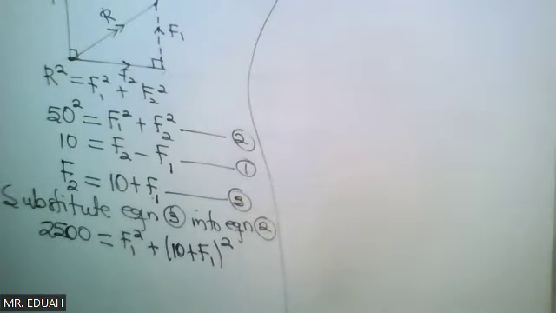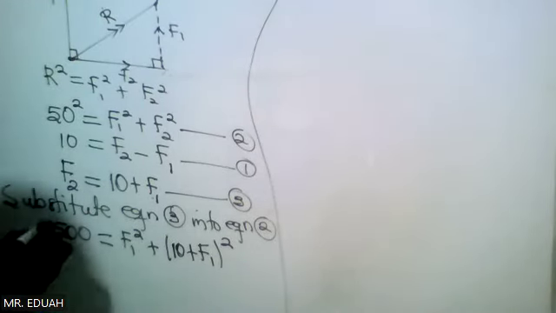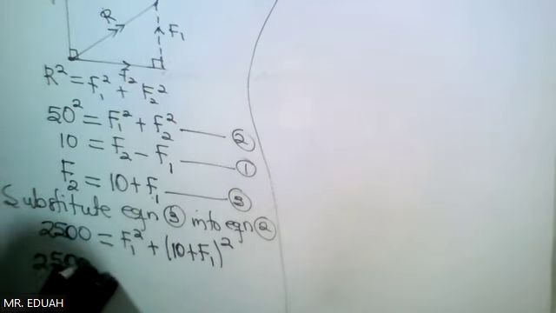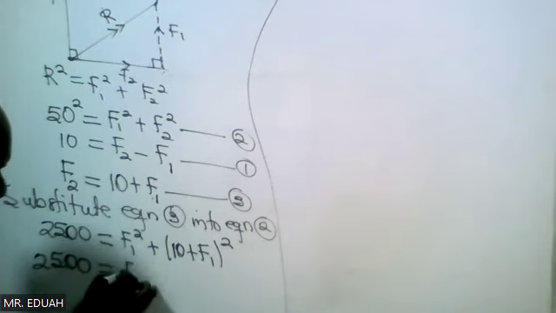All right. So let's expand what we have here. 2,500 is equal to F1 squared plus.